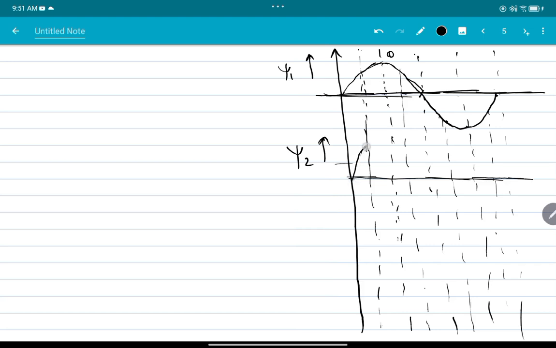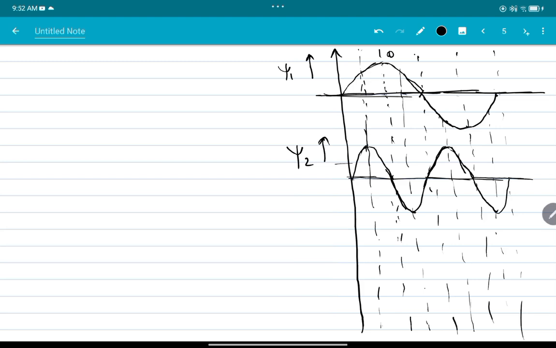Amplitude is the same, frequency double. It is double frequency. Yes, it is like this, then this, then this, and lastly this. Okay, now these are two waves.